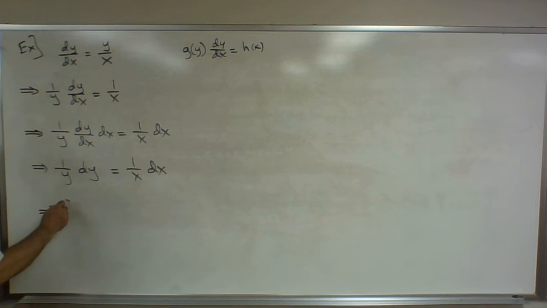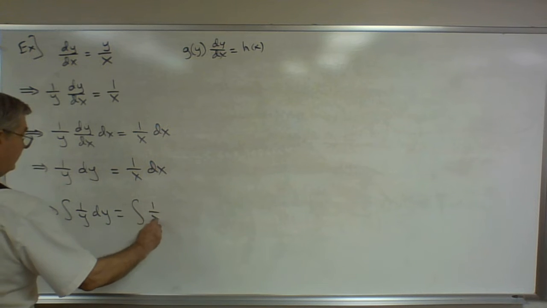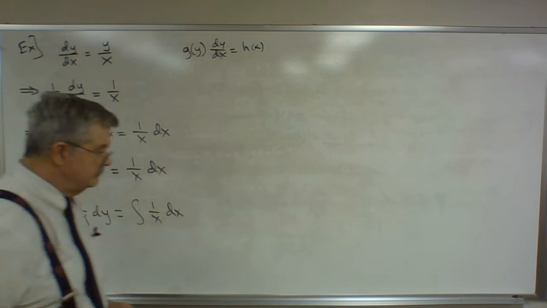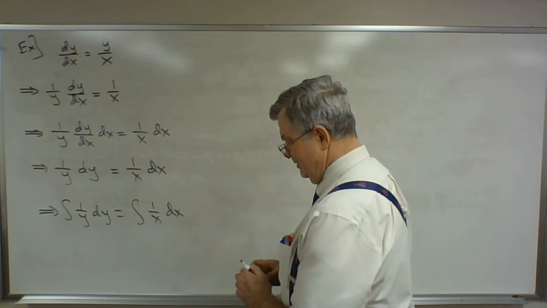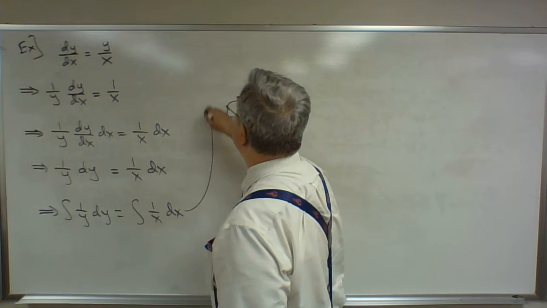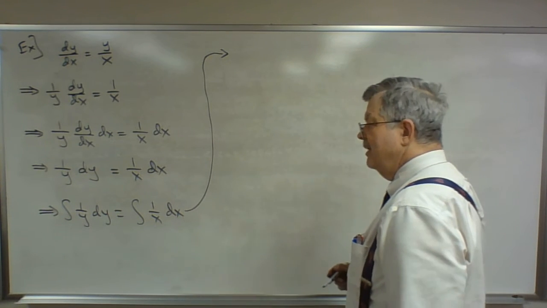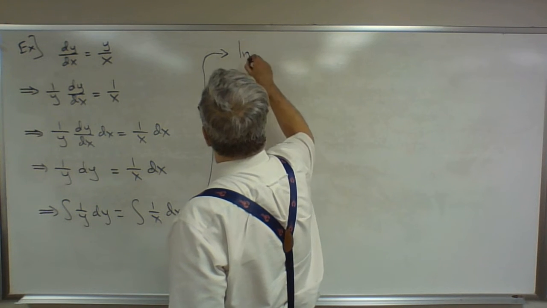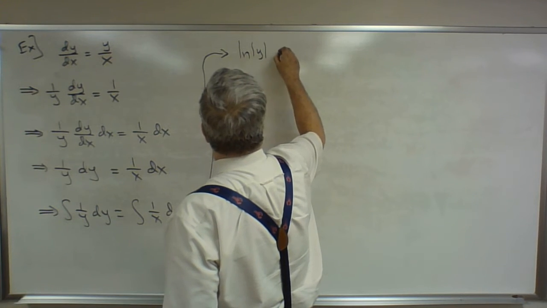So that we just integrate the son of a gun. Integral of 1 over y dy, natural log of absolute value of y.